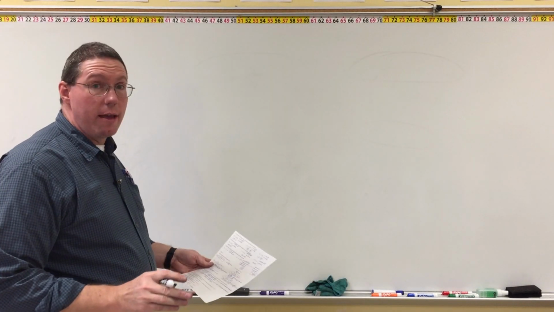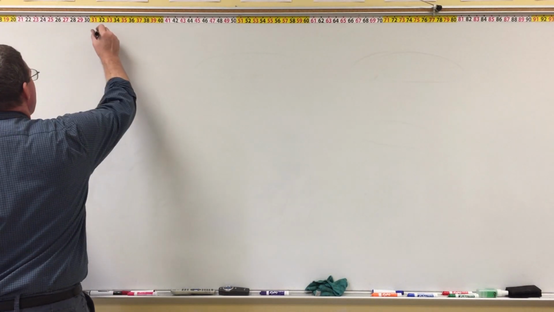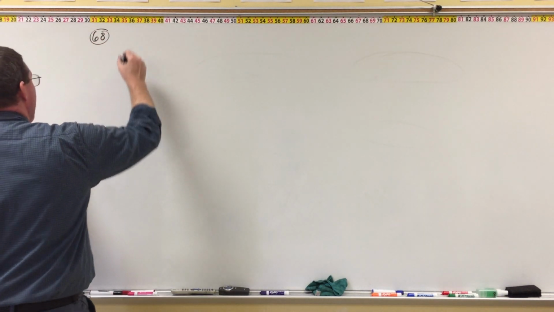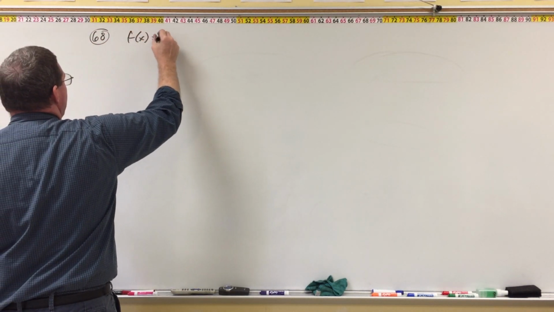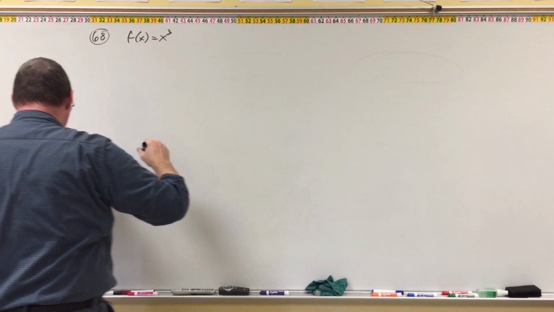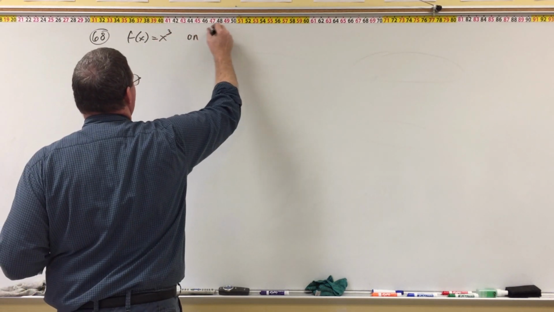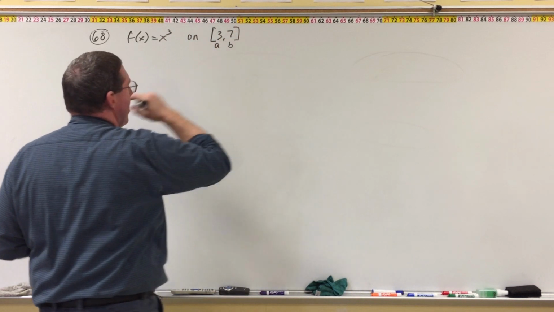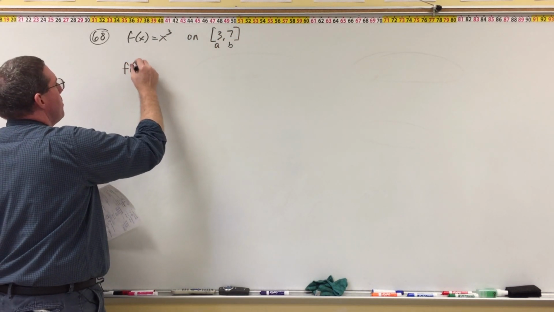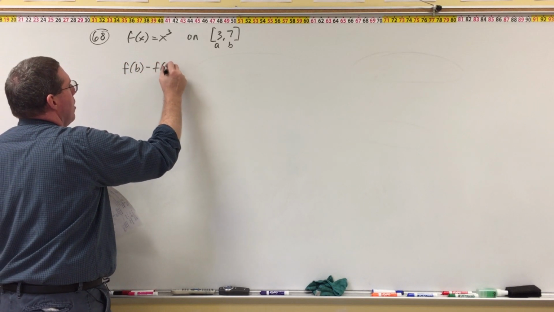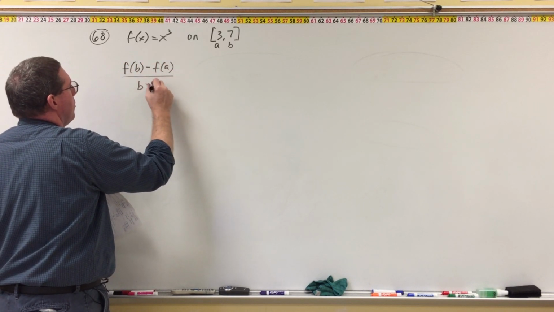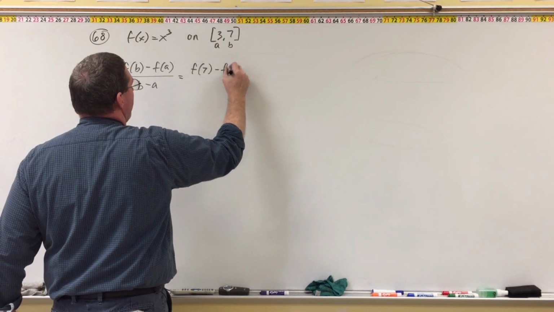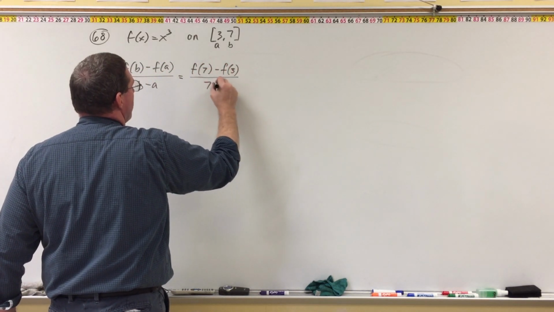All right, let's do 68 and 69 now. 68 says, what is the average rate of change of f of x, which is x cubed, on the interval from 3 to 7? So 3 is a, 7 is b. Our formula is f of b minus f of a over b minus a. So this is going to be f of 7 minus f of 3 over 7 minus 3.